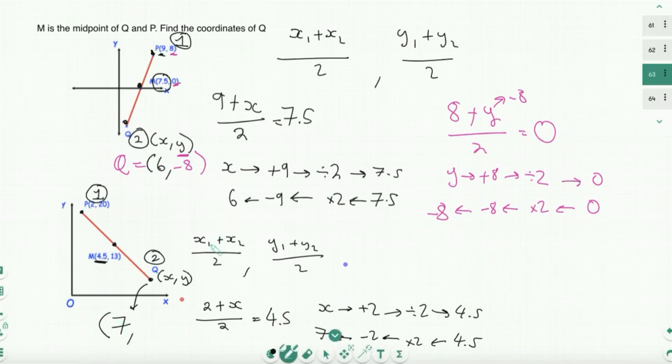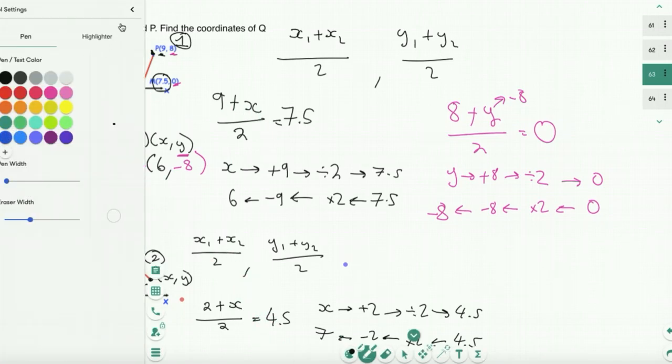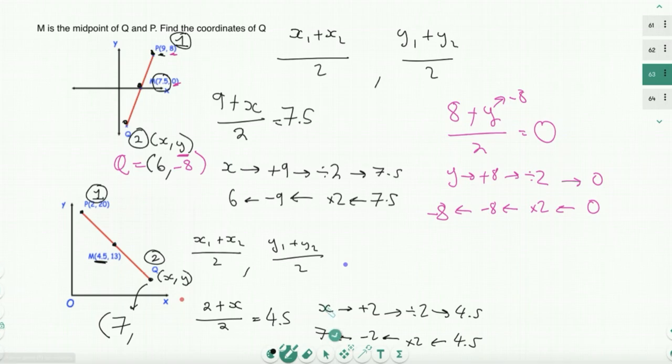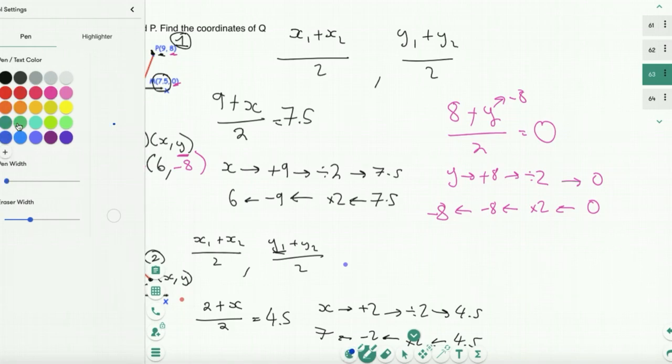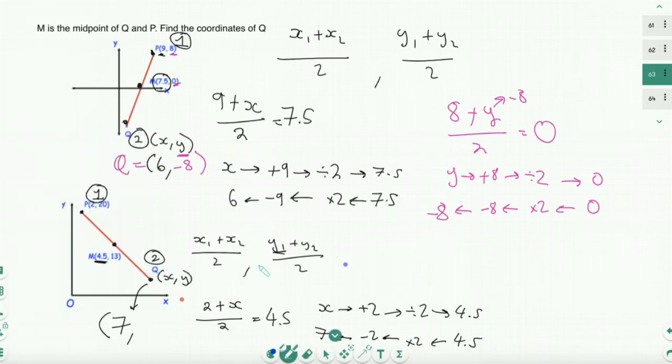Now let's do the y coordinate. So we'll do the exact same thing. I'll do another color. The first y coordinate is 20, plus the second y coordinate, well, we don't know it yet. It's just still y. We've got to find it. Over 2, and we know the midpoint has a y coordinate of 13.